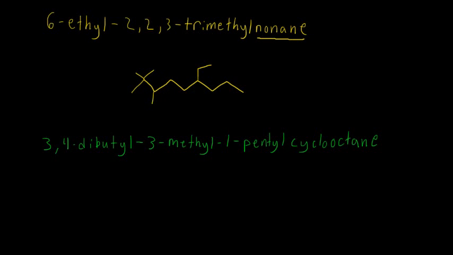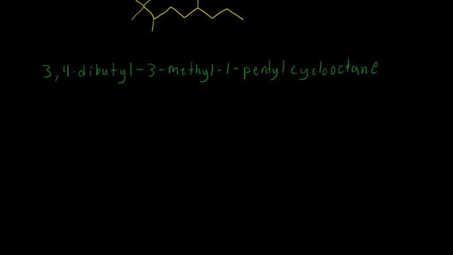So moving on to the next example, I'm going to need a little more room for this. So we have 3,4-dibutyl 3-methyl 1-pentyl cyclooctane. We can start off with the cyclooctane. We know that cyclo means it's going to be a ring, and octane means it's going to be 8 carbons in the ring. So basically just drawing an octagon.